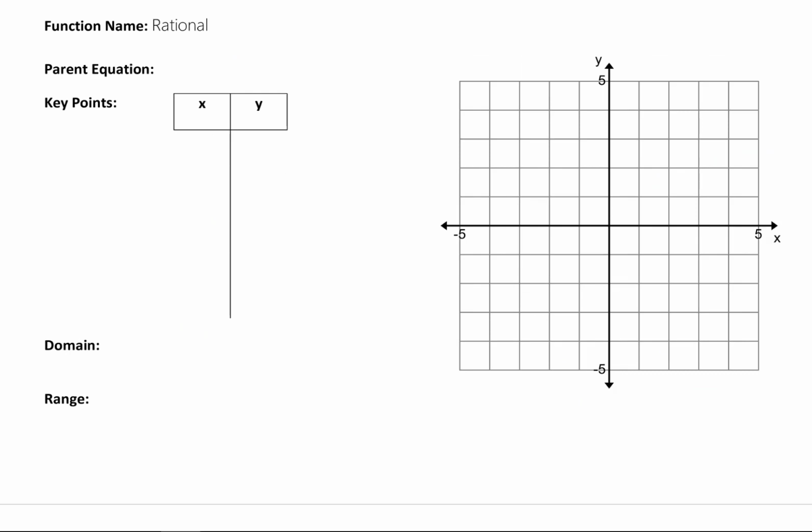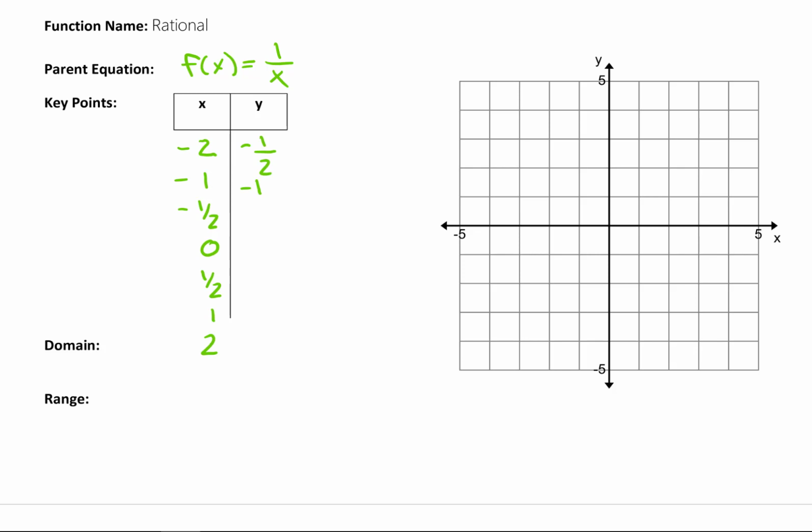And the last graph we're going to look at is the rational function f of x is equal to 1 over x. So we're going to use the points -2, -1. I'm going to add in a couple more points in here. When we plug in -2, we get -1/2. When we plug in -1, we get -1.